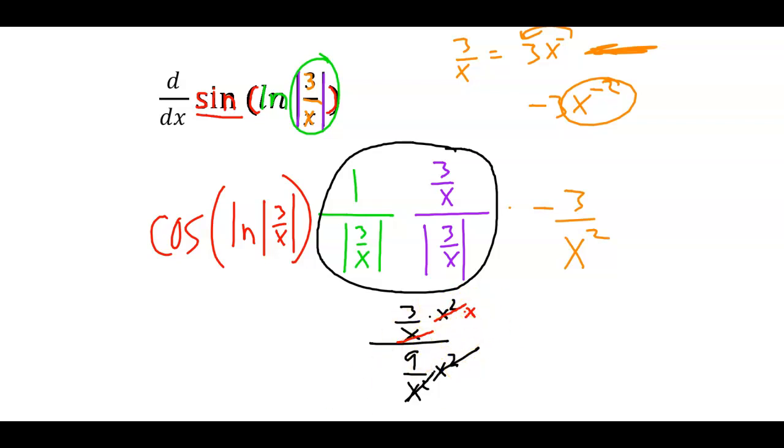So now I'm left with the following, 3x over 9. We could actually probably reduce this even more, right? The 3 goes into 9 3 times. And so this really just simplifies into x over 3.